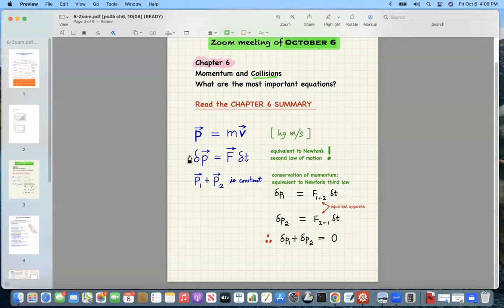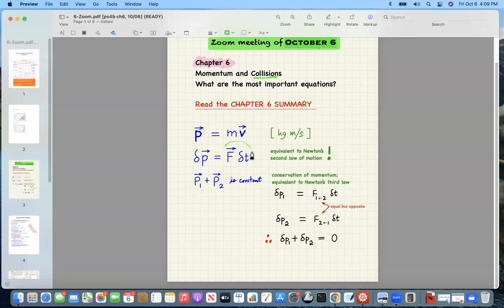Now, if an object moves under the influence of a force F, this should really be the net force acting on the object. The change of its momentum is the force times the time during which that change occurred.